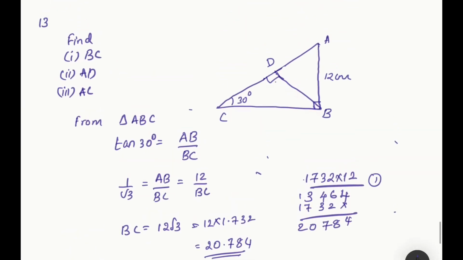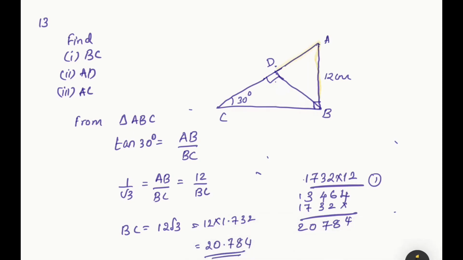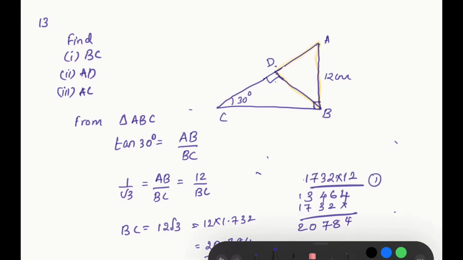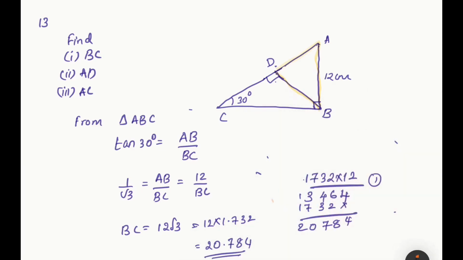In order to find AD, you need to use the triangle ADB. Correct? You need to use the triangle ADB. So from the triangle ADB, this one you can get as 90 degree. Correct?